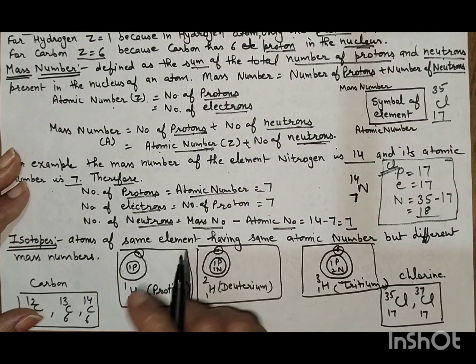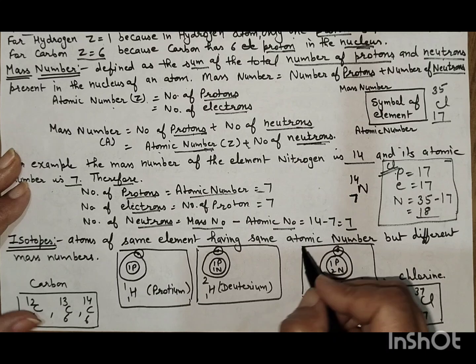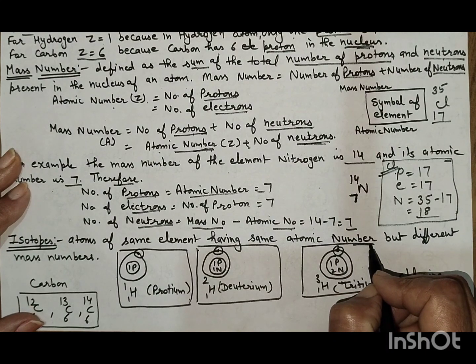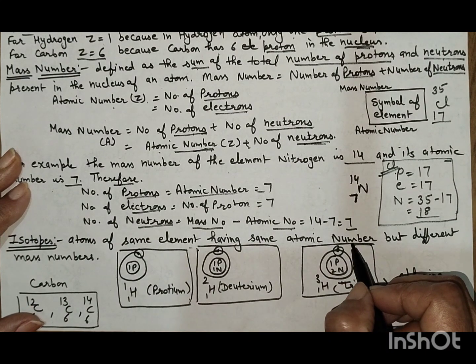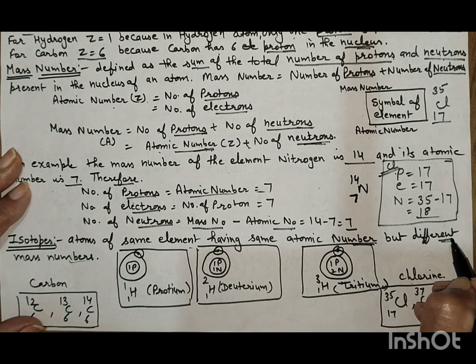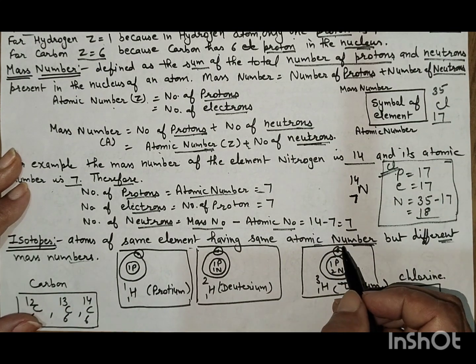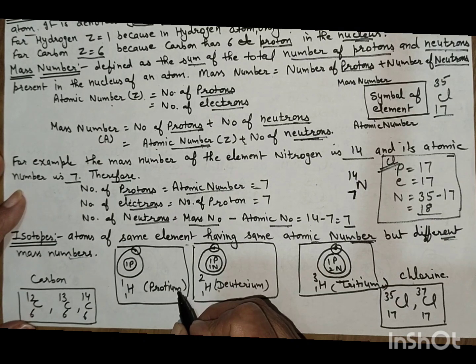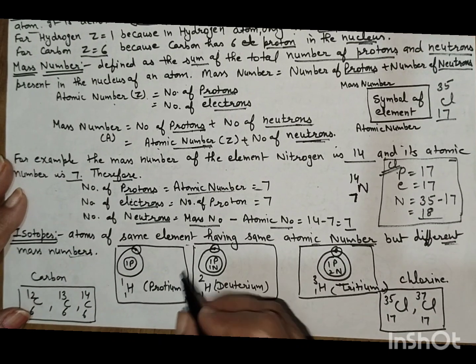Now isotopes. Atoms of the same element having the same atomic number but different mass number. They have different mass number but the same atomic number. We can take the example of hydrogen.